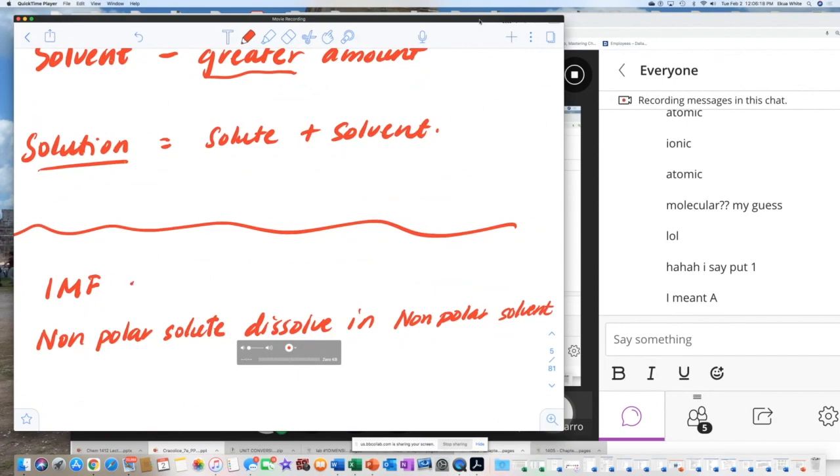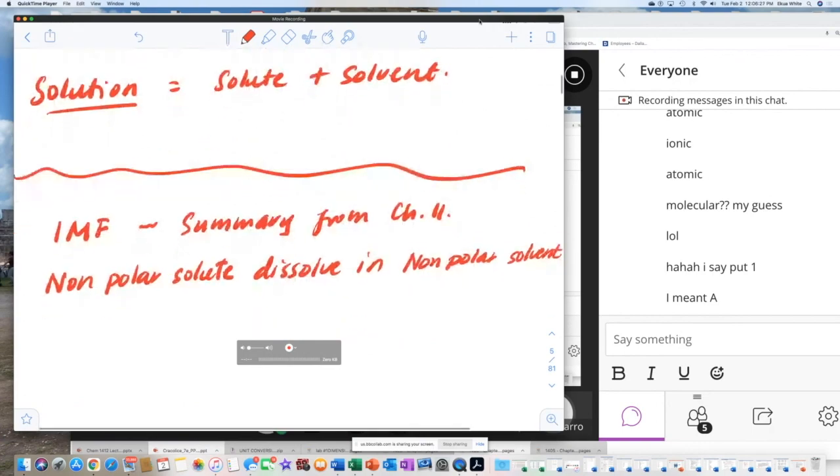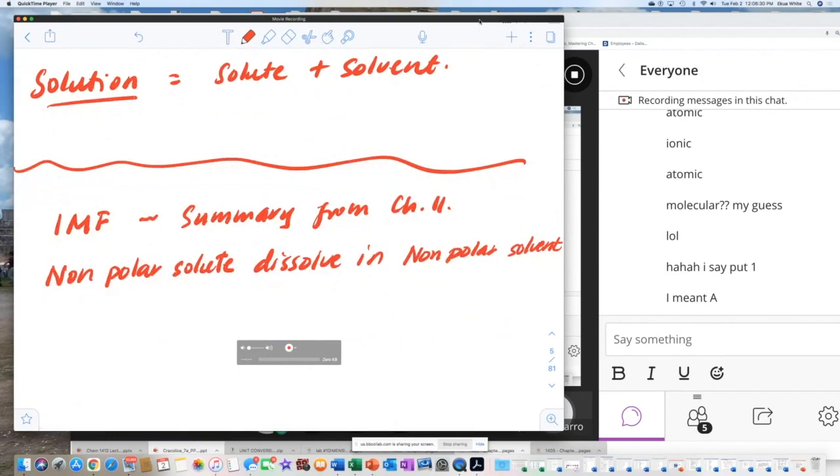Okay, this is a summary from chapter 11, right? We gathered that nonpolar solute dissolves in nonpolar solvent. Nonpolar solute will not try to dissolve in anything else but something that's just like it. So I would say the one that tends to be the most trickiest or restricted is that one.